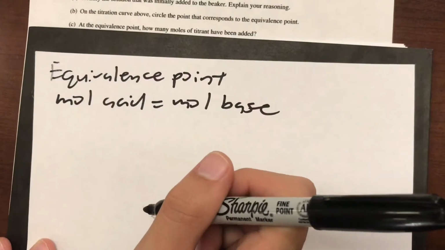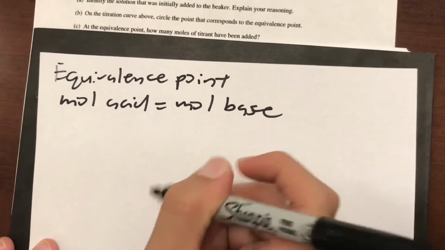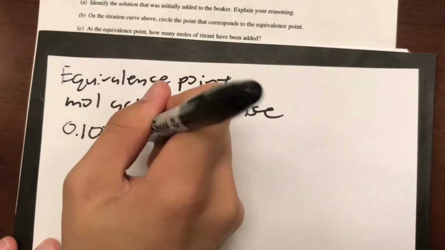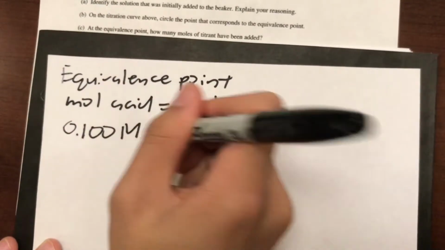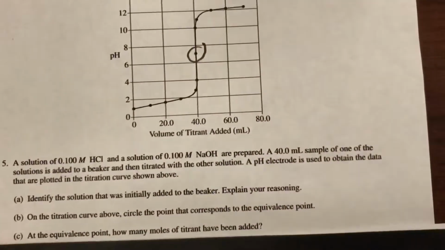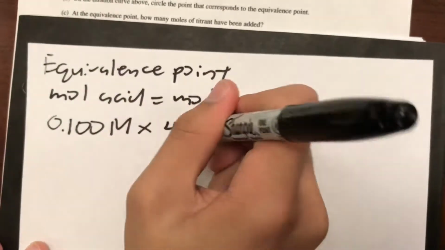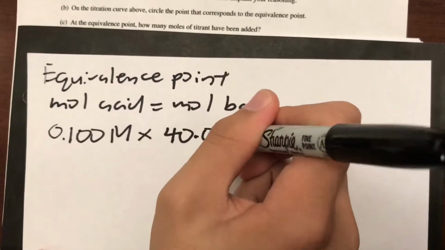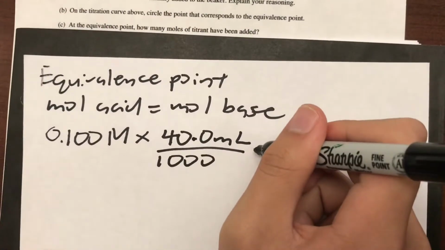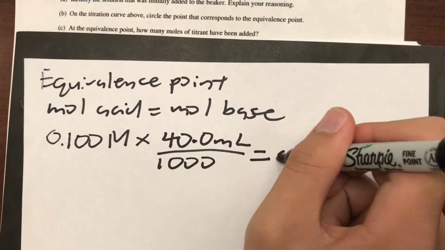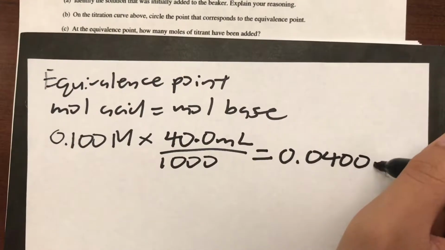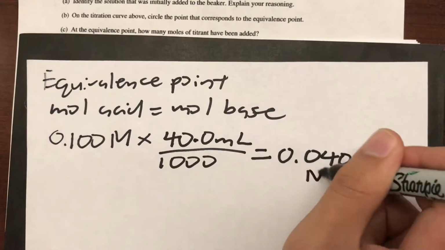So to calculate the moles of the base, you multiply 0.100 molar times 40 milliliters, as indicated from the equivalence point, divided by 1,000 to convert it to liters, which will equal 0.0400 moles of NaOH.